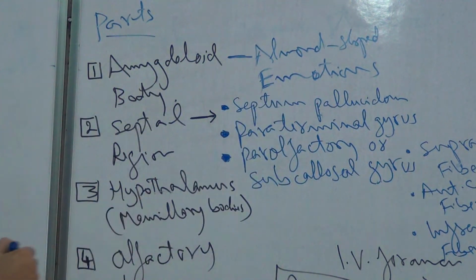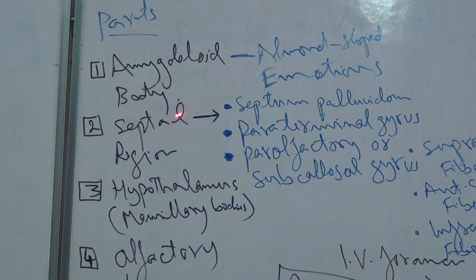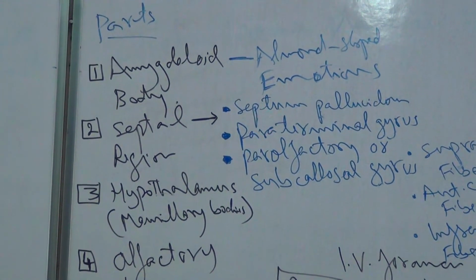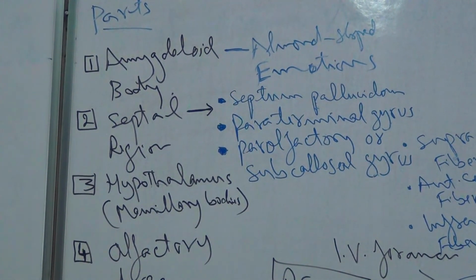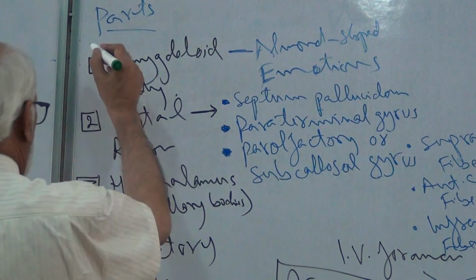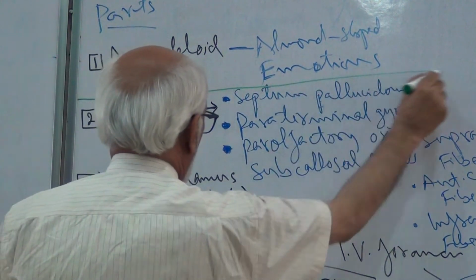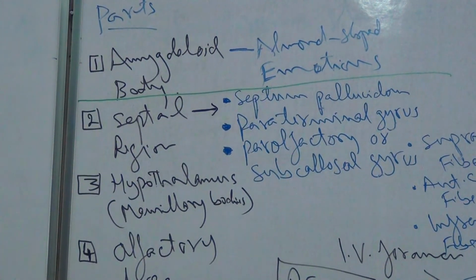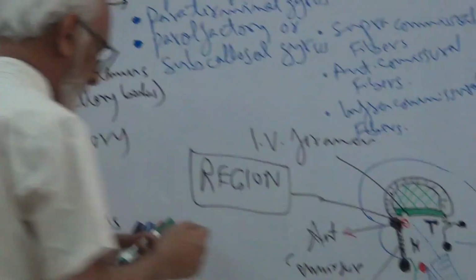All these three parts belong to the septal region, that is septum pellucidum, paraterminal gyrus, and olfactory gyrus or subcallosal gyrus.